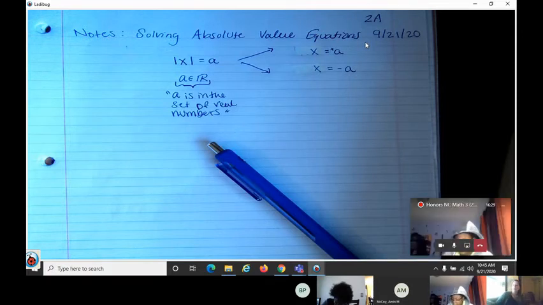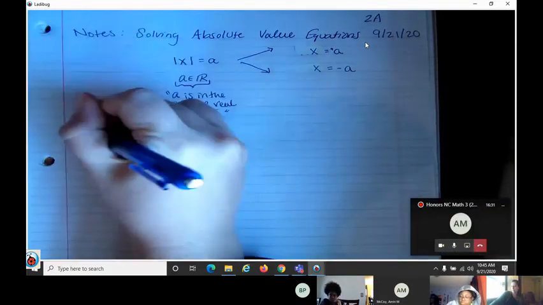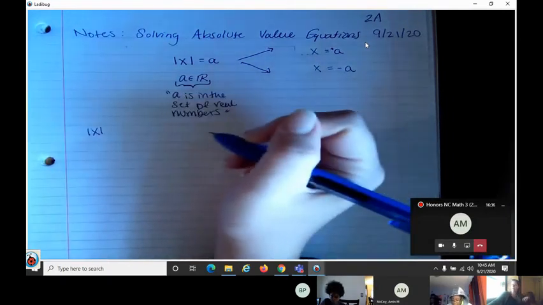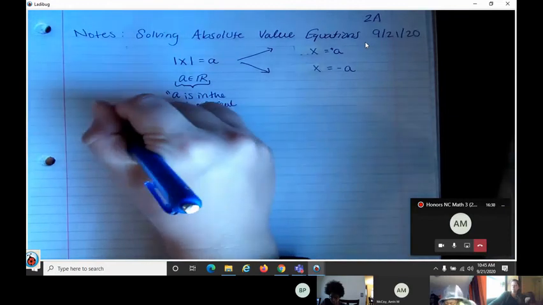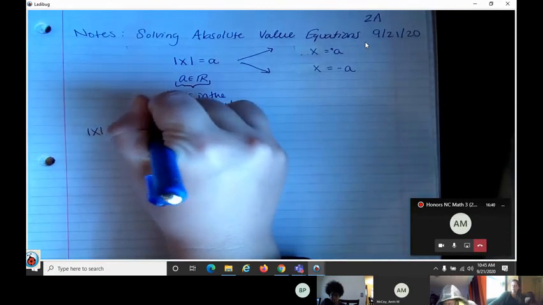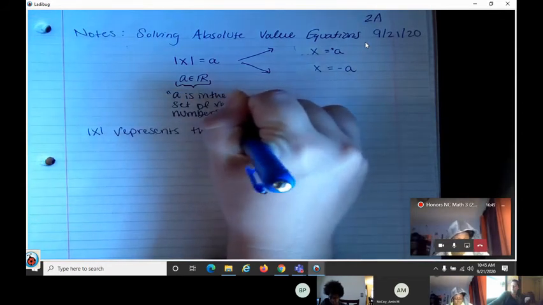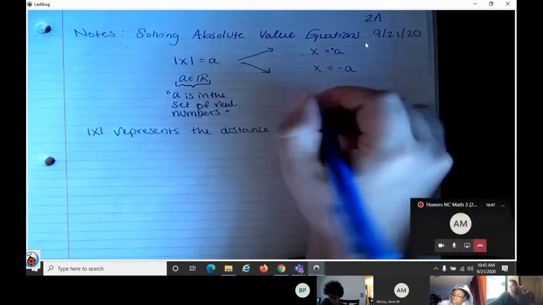Okay, and the absolute value of x, I said this earlier but we haven't written it, represents the distance from x to 0.